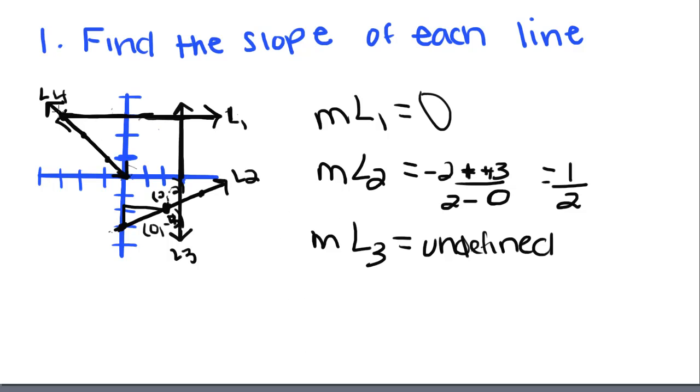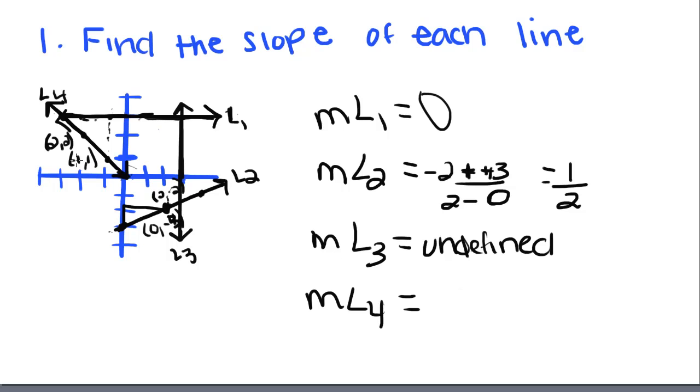So we have another one, line 4, so the slope of line 4. We're going to do it both ways again. We could say we go from this point up 2 and left 1, so that we have positive 2 over negative 1, which would give you negative 2, or you could plug it into the formula. So this point here is 0, 2. This point here is negative 1, negative 2.